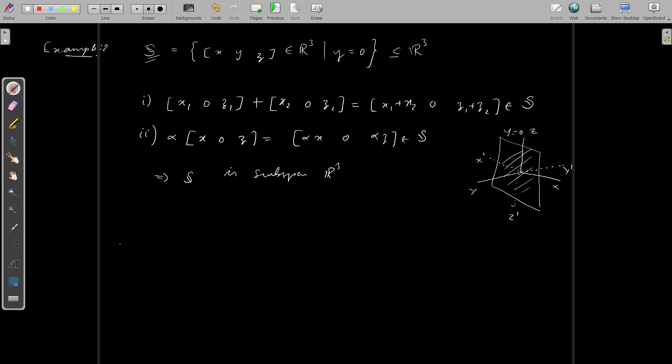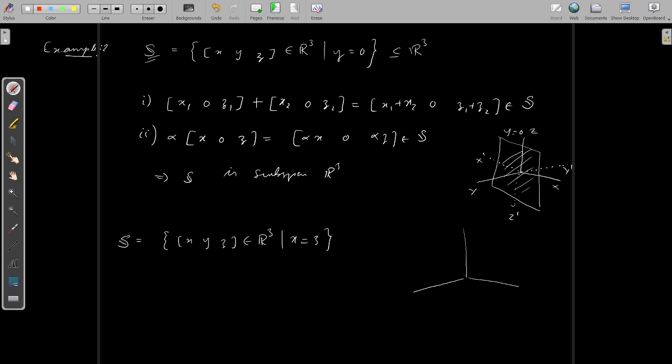Now we have another subset of R3, say S equal to the set of (x, y, z) belonging to R3 such that x equals 3. We can consider this as a subset like this.